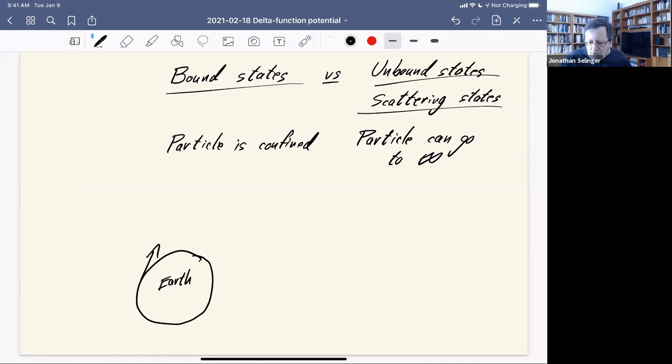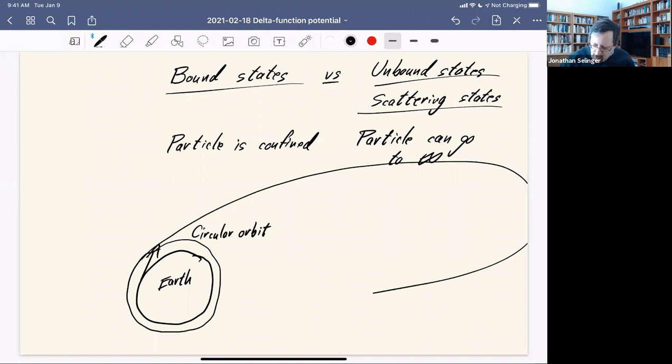If it's launched with a moderate energy to start with, then it might go into a circular orbit like this. Or at higher energies, it might go into an elliptical orbit, something like that.